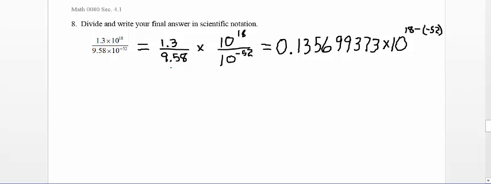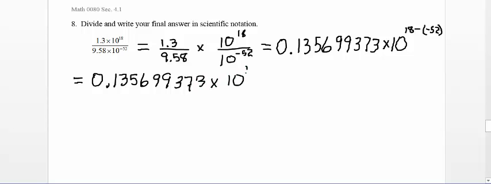So remember, in the quotient rule for exponents, I subtract the exponent in the denominator from the exponent in the numerator as long as the bases are the same. And so you want to make sure you subtract negative 52 and not just a 52. So this actually turns into an addition of 18 and 52.